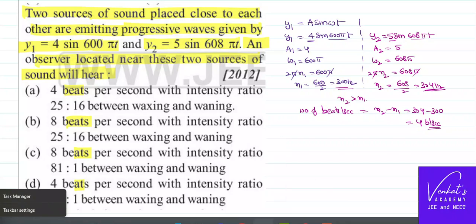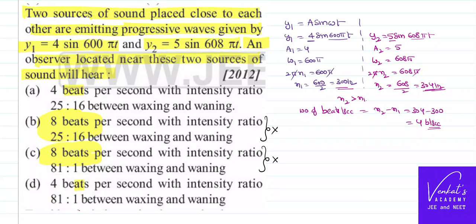So it's obvious that answers like 8 beats per second cannot be the answers, right? So this is definitely wrong. Now I'm more interested in finding the correct answer, either A or D. There are two options left. But I want you to understand the concept rather than eliminating options, so I don't bother about eliminating options that much, right?